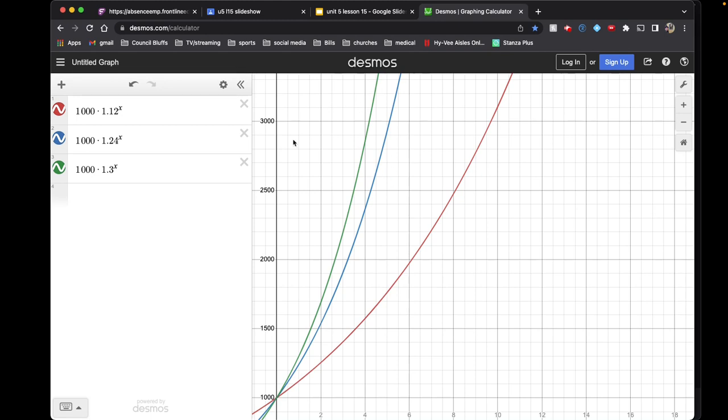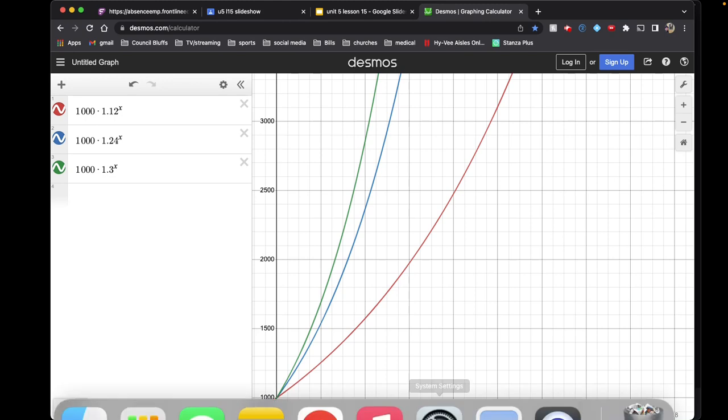Notice that the third one, the green graph, which is increasing by 30% each time, is increasing at the fastest rate, and the graph is taking off quickest. Whereas the first one, going up by only 12%, is not taking off as fast. So these are our graphs.